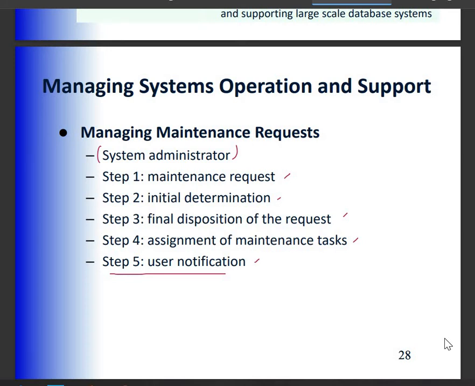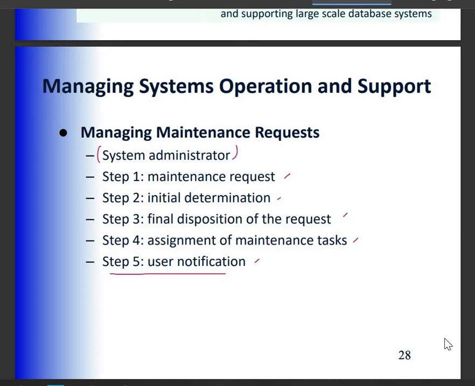Okay, nampak tak step yang kelima ni ialah user notification. Maksudnya apa? Kalau awak ada apa-apa masalah berkaitan sistem, contohnya awak bagi tahu yang firewall tidak berfungsi. Okey, awak buat request tersebut kepada system administrator. Awak kena faham yang mana setelah awak punya request itu diselesaikan, system administrator kena notify awak sebagai step yang terakhir.